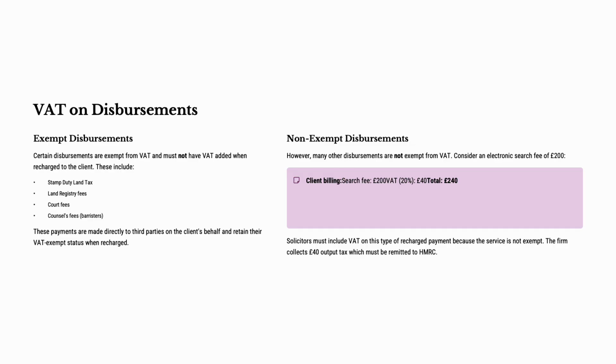So if a search costs £200, the solicitor bills 200 plus VAT, that is £40. Why? Because HMRC takes the view that online search services are taxable. If in doubt, ask whether the service looks like a buying-something situation. If yes, VAT is probably involved.